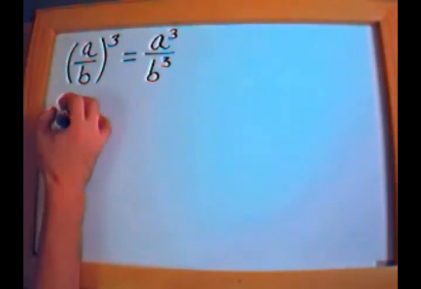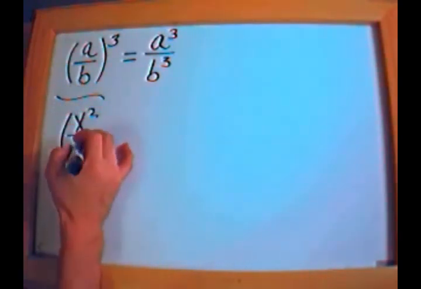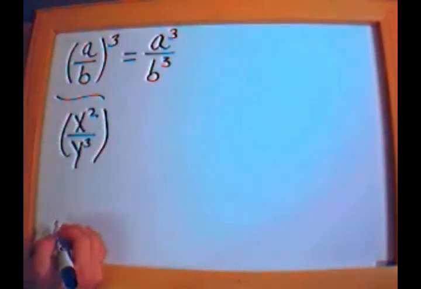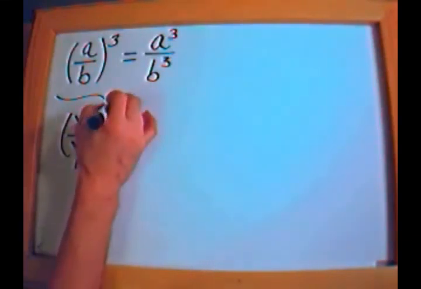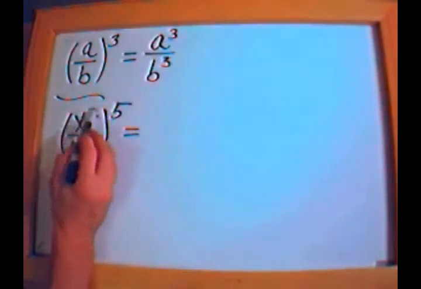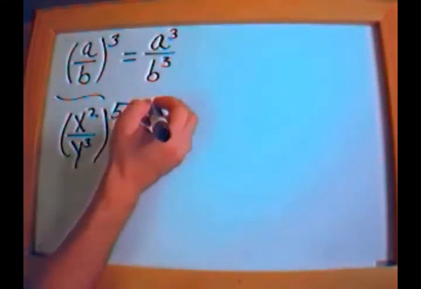We'll do a couple more examples. Let's say you have x squared on top and y to the third on the bottom, and then you raise the entire thing to the fifth power. Well, the top needs to be raised to the fifth power and the bottom needs to be raised to the fifth power.